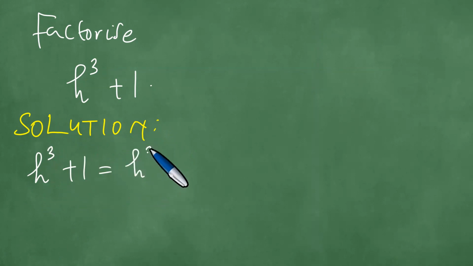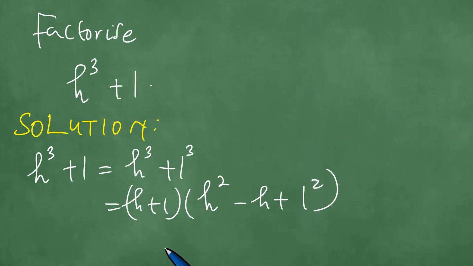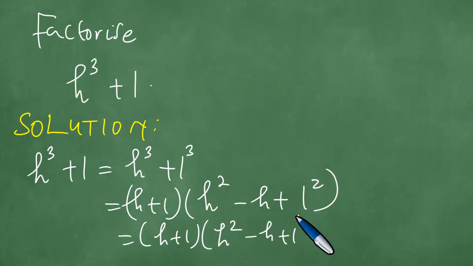So this is like H cubed plus 1 cubed. H plus 1 into what, Leander? H squared minus H plus 1 squared. Okay, so which is H plus 1 into H squared minus H plus 1.